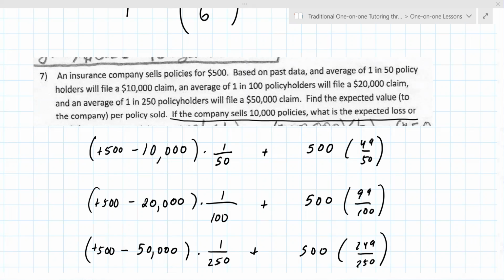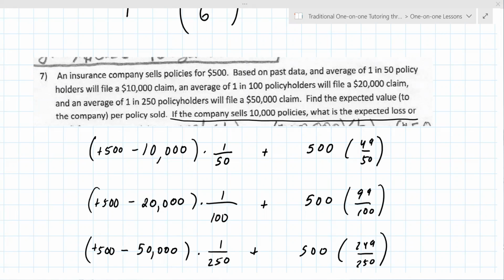That's 200. Then you go to 20,000 and divide it by 100, and that's 200. Then 50,000 divided by 250, which is 200. So you go 500 minus 200 minus 200 minus 200 equals negative 100. I'm not saying that's the right way to do it. That's just a way he did a problem very similar to it.